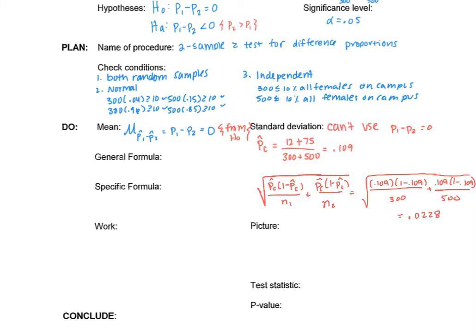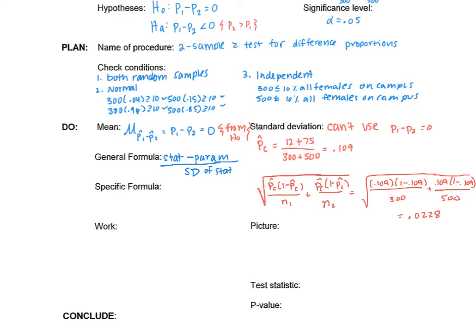So we have our mean, we have our standard deviation. The next step is to find our p-value. We need a test statistic to get a p-value. The general formula for a test statistic, which is provided on your formula sheet, is statistic minus parameter over standard deviation of the statistic, which is what we just calculated.